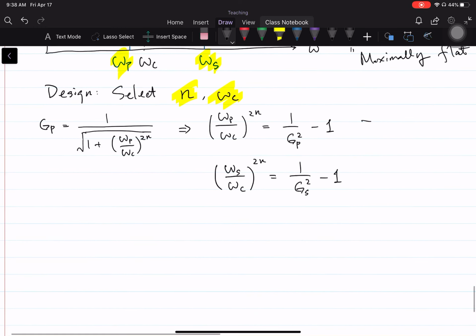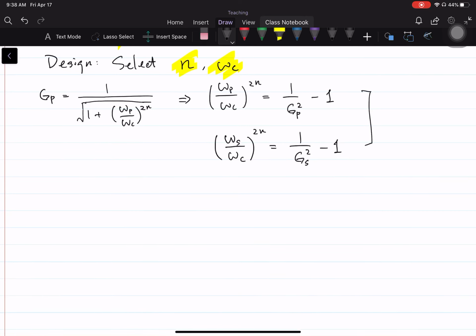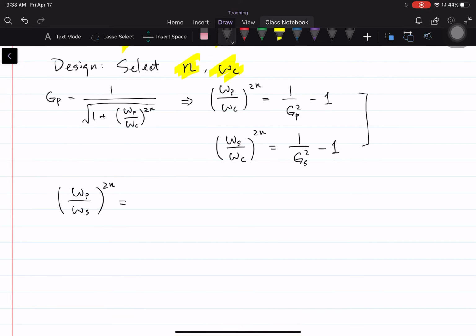Taking these two formulas and dividing one into the other, so that we eliminate one parameter, we have (omega p over omega s) to the 2n. Keep in mind that the passband and stopband frequencies are given parameters in your specs, and this will be equal to an expression in g sub p and g sub s.